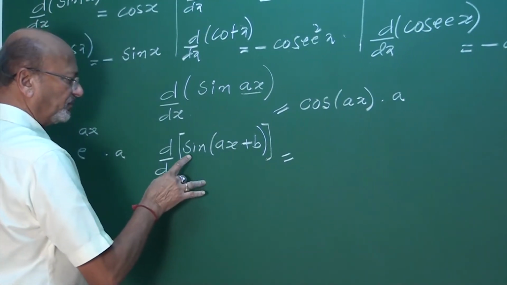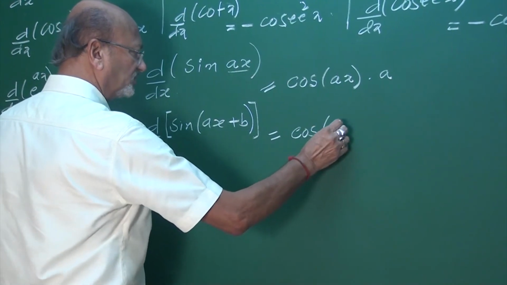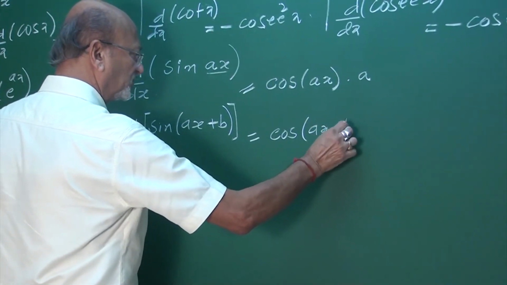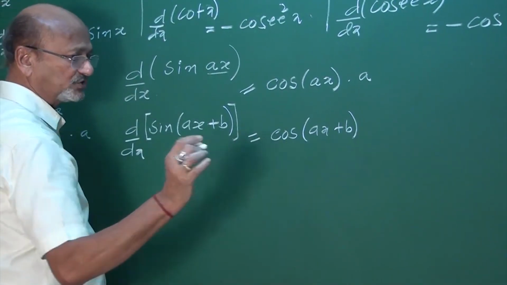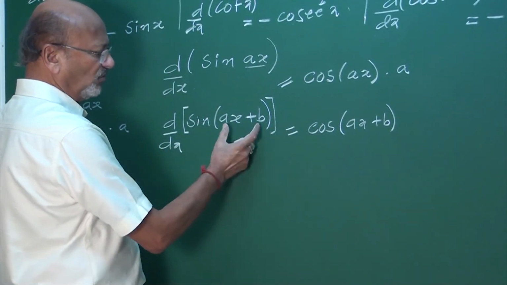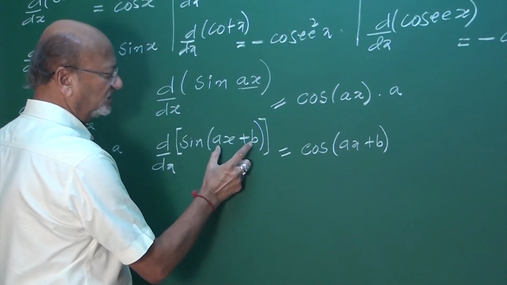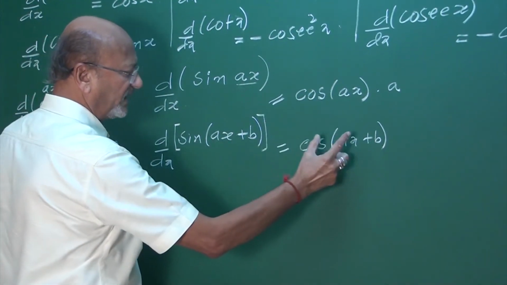Once again, after writing the derivative of sine as cos, whatever the given angle is, write it as it is, no change.